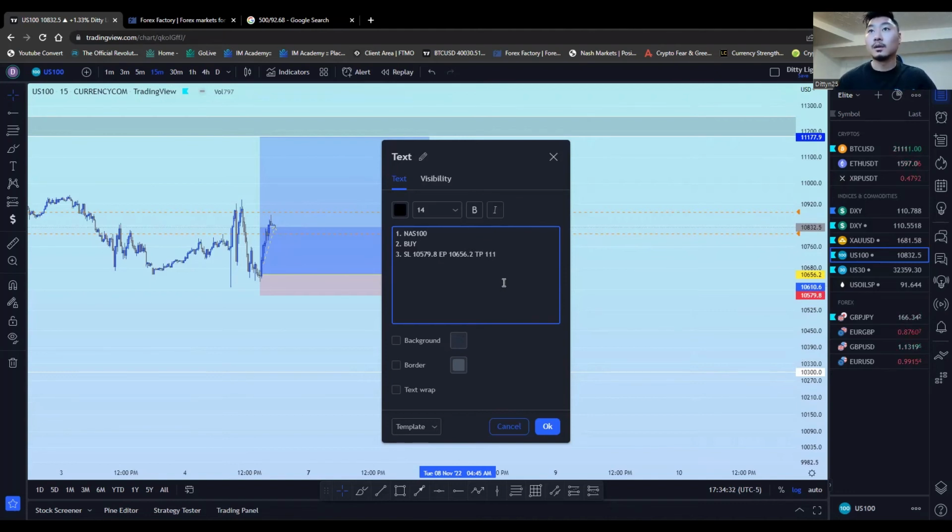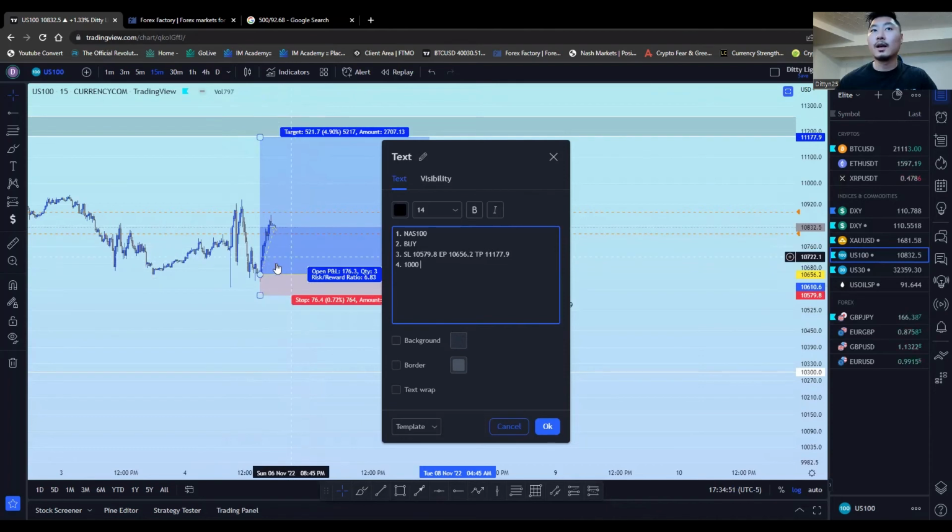So boom, boom, boom, 77.9, boom. Fourth thing, in this one I'm gonna go with 1% of 100K, for example. And then the dollar amount that I'm risking in that setup, what's the amount of the stop loss in terms of dollars?